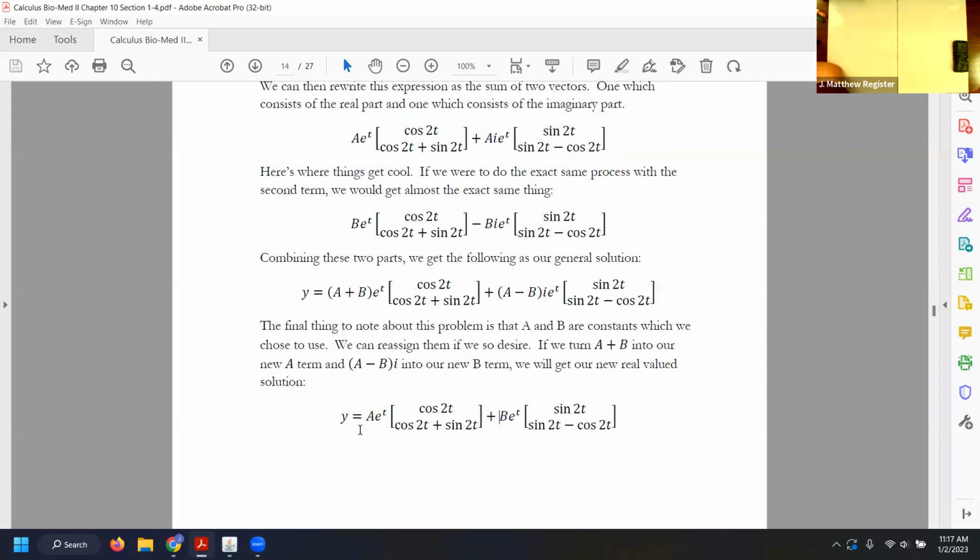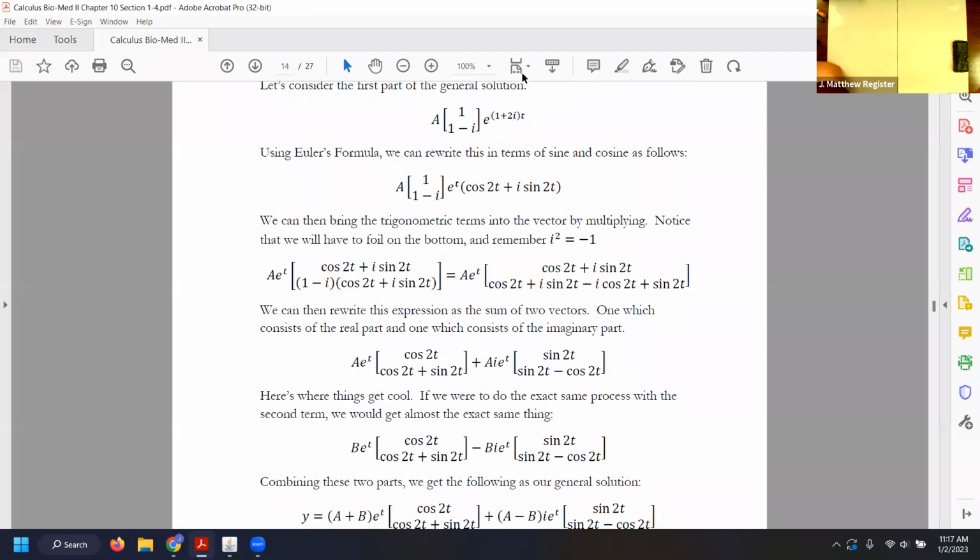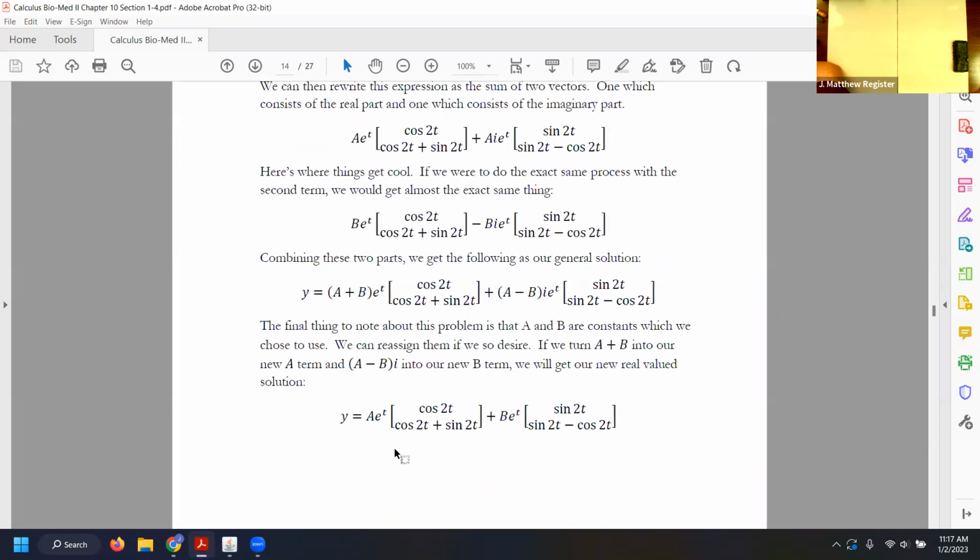This new solution is the actual solution for the problem. And the proof is right here. Basically, we can redefine what our two terms are. So a will now be a plus b, and b will be a minus b times i. But from the one term here, a times (1, 1 minus i), e to the (1 plus 2i)t, we're able to get the two components of it.